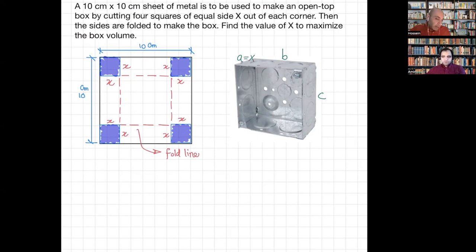And then B is going to be equal to 10 minus 2x, because we're cutting 2 squares from both sides. And then C.